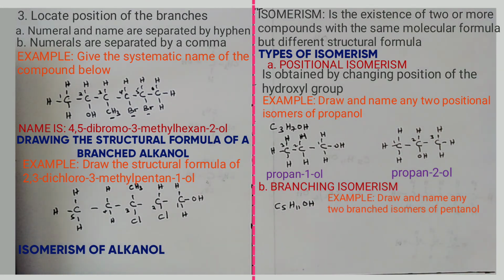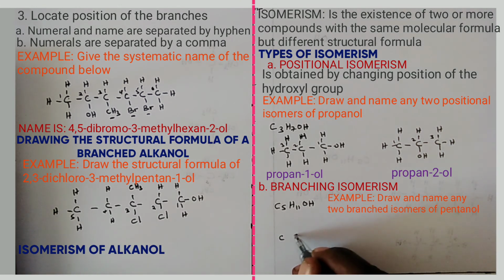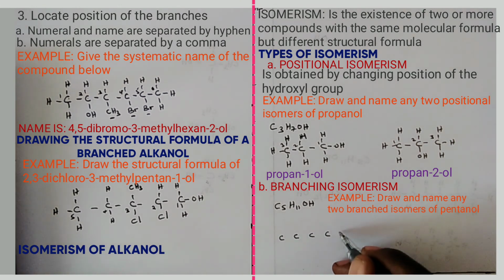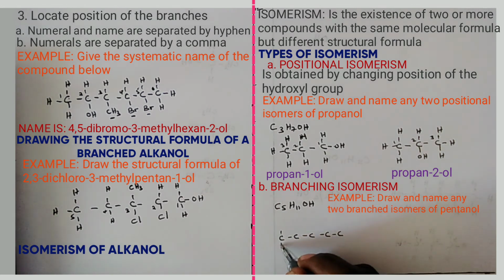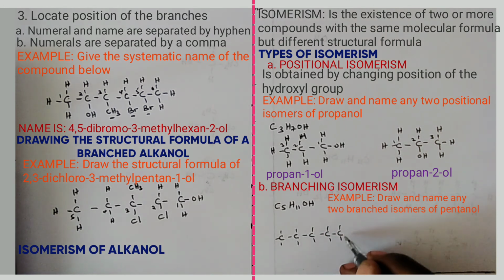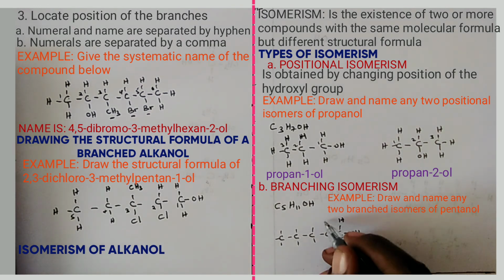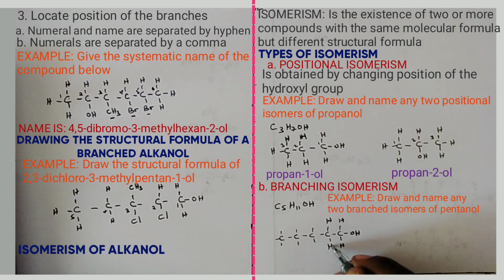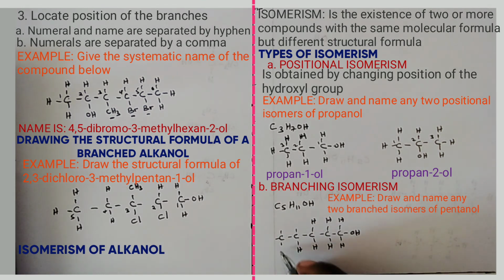So for the first isomer, I draw the normal chain of 5 carbon atoms, 1, 2, 3, 4, 5, join with single bonds everywhere. Now place an OH on this end, then the rest becomes hydrogen atoms.